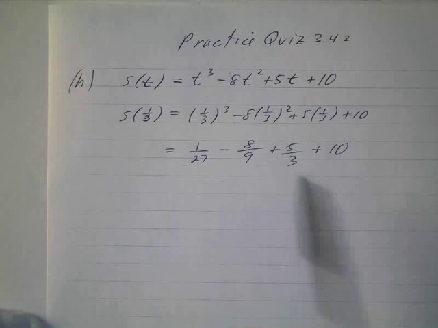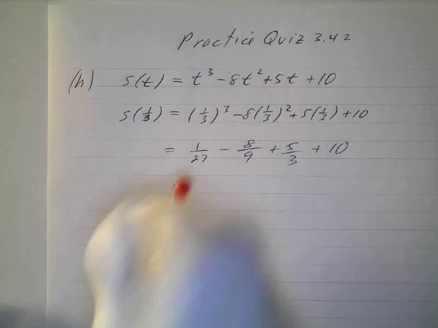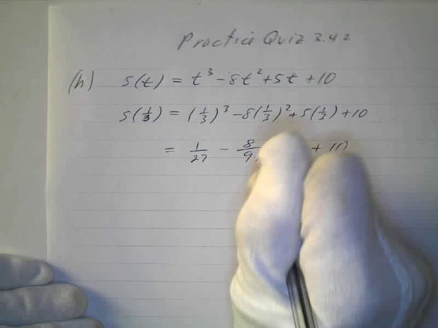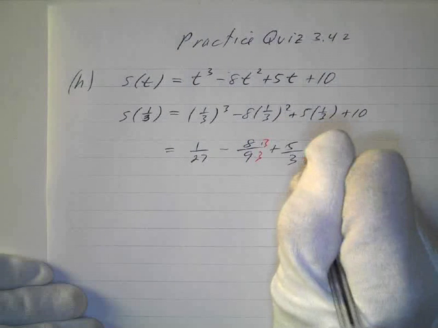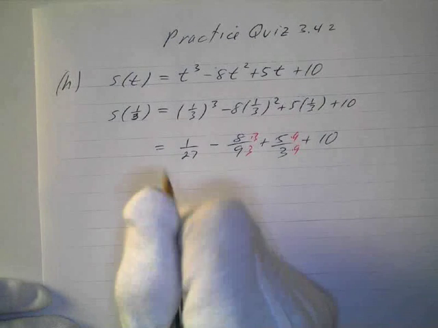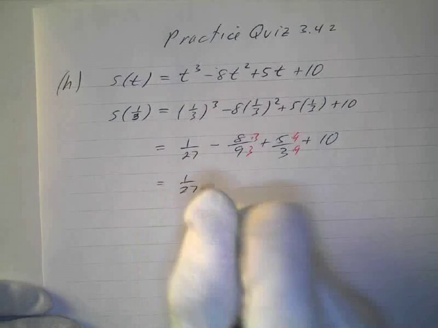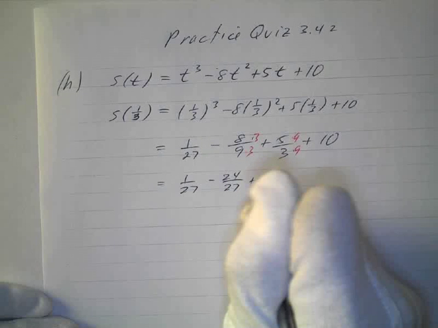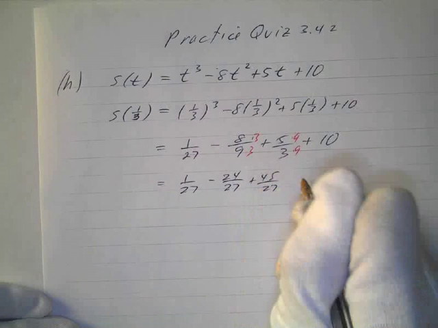We'll try to get these to be one fraction. The common denominator looks like it's going to be 27, so we'll multiply by 3, and by 9, by 9. And we get 1 over 27 minus 24 over 27 plus 45 over 27 plus 10.